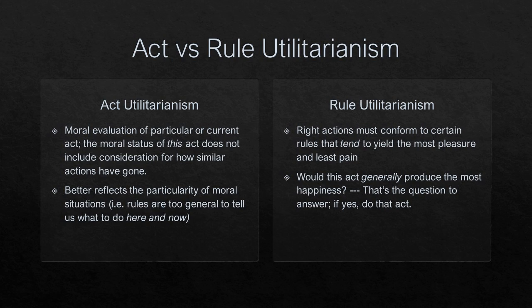Mill is an act utilitarian in that he thinks the evaluation of an act's objective rightness or goodness always pertains to the particular act and does not include consideration of kinds of acts. Act utilitarianism better reflects the particularity of moral situations. Rules are too general to tell us what to do here and now.